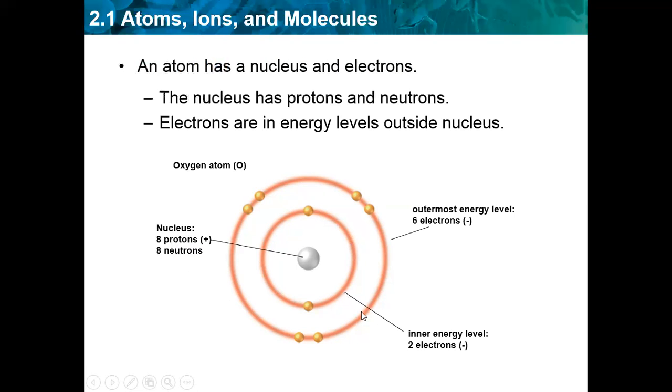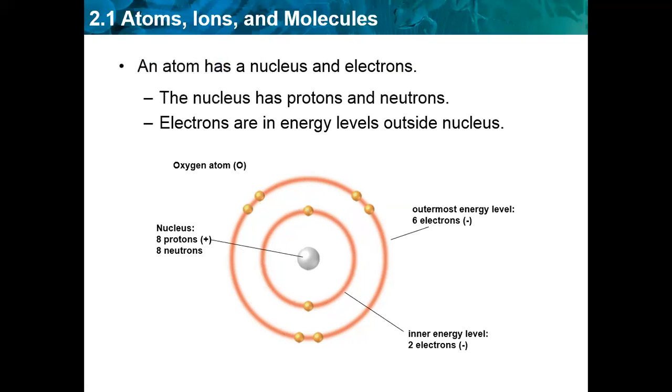In most cases, the inner energy level can take a maximum number of electrons of 2. This is the middle, and this is the energy level which is up to the middle of the oxygen atom. So the highest number of electrons it can take is 2, and the one after it can take up to 8.